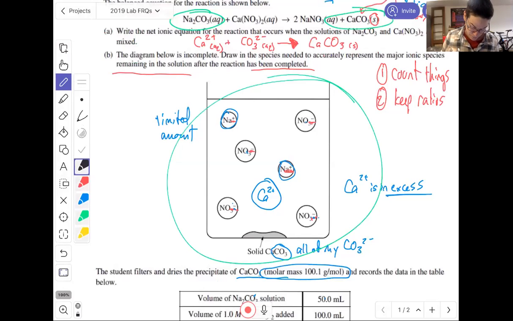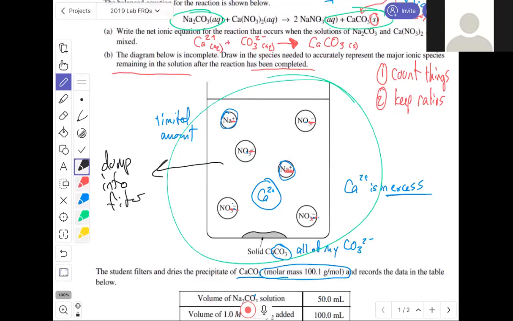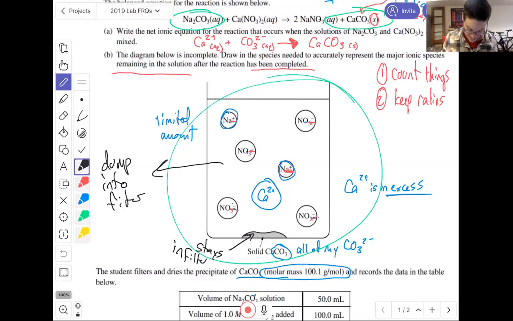So here, basically, and I don't know if you remember this when we did it, we had a beaker and you dumped the stuff together and we ended up with a solid in the bottom and all this solution. You dump this into the filter. The solid stays in the filter, and this whole solution is what runs through the filter and ends up going into the flask.